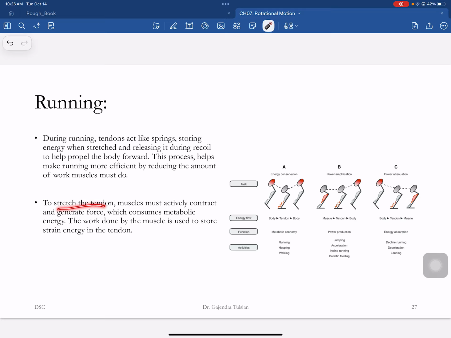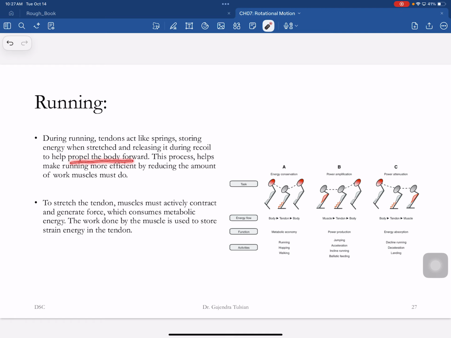To stretch a tendon, the muscle must actively contract and generate force. So when the muscle contracts, it stretches a tendon. The work done by the muscle is used to strain the tendon and store energy in it. During running, tendons act like springs, storing energy when stretched and releasing it during recoil.